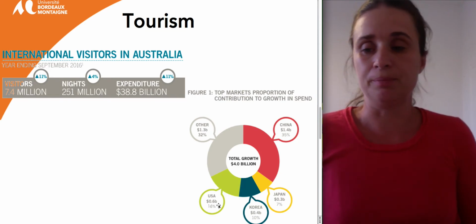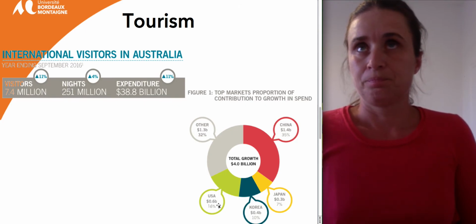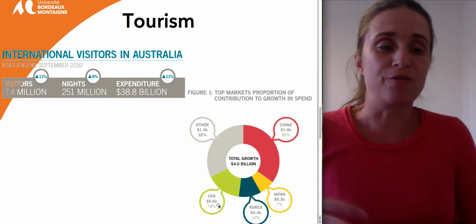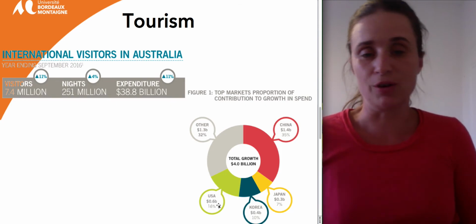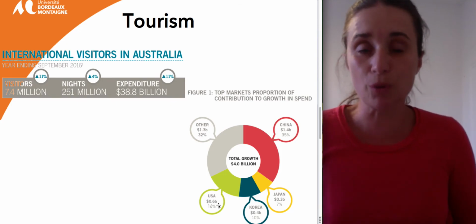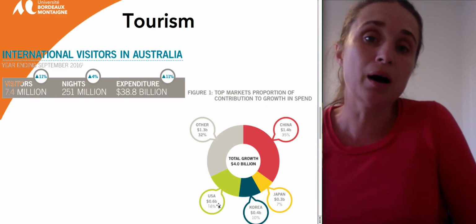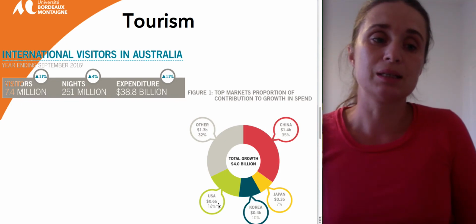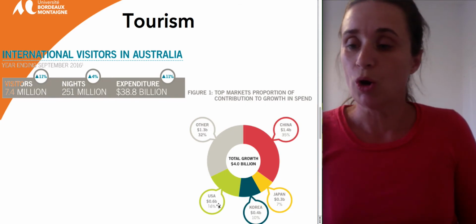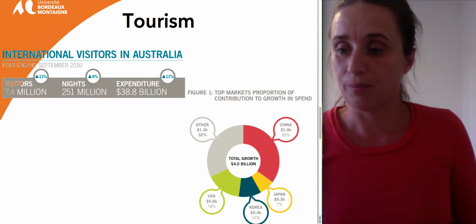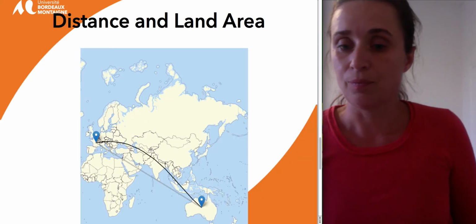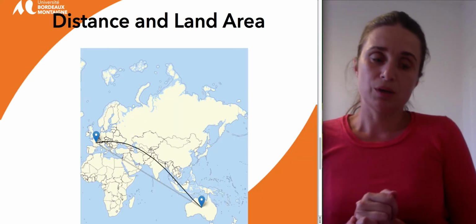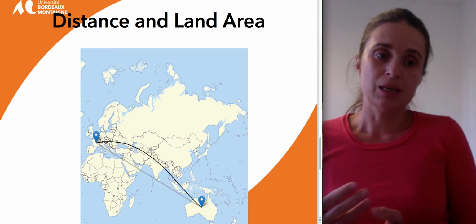But you don't have France, for instance, being the first, or etc. And this, of course, is in part, it's not only because of that, but it's in part due to the distance.